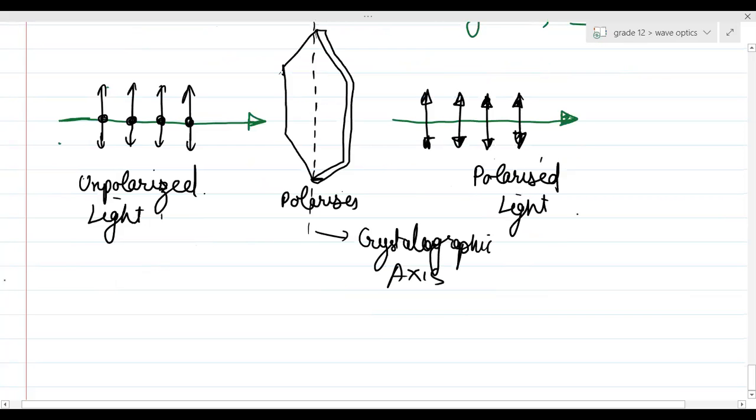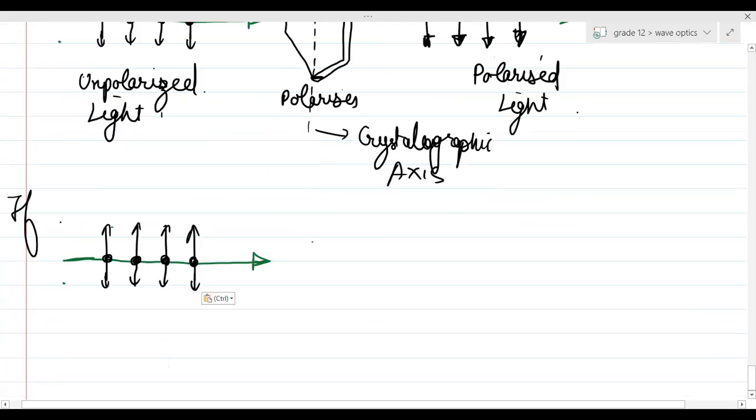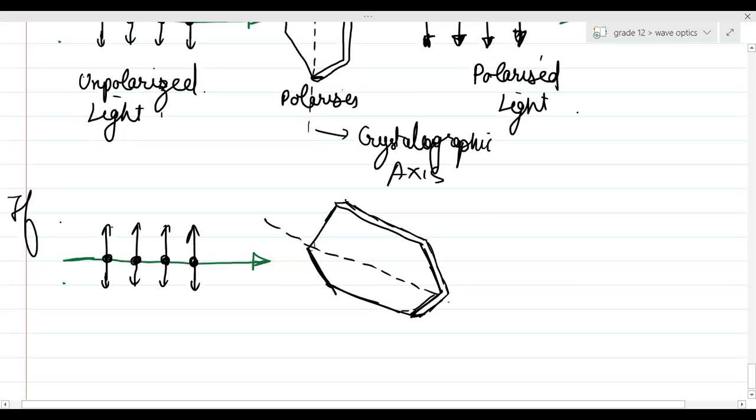Is it clear? If the same experiment would have been repeated, but with the crystallographic axis like this, can you see guys, now the crystallographic axis is like this.